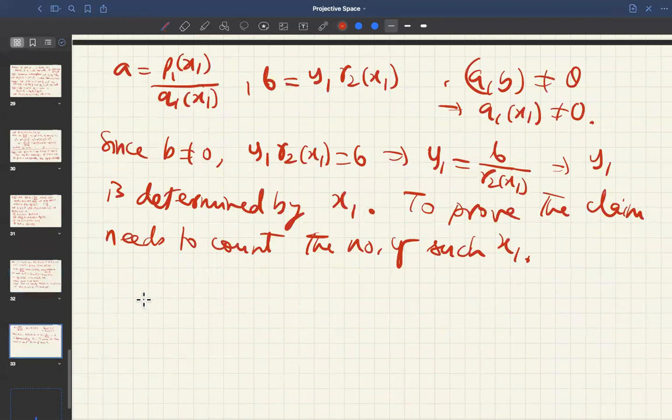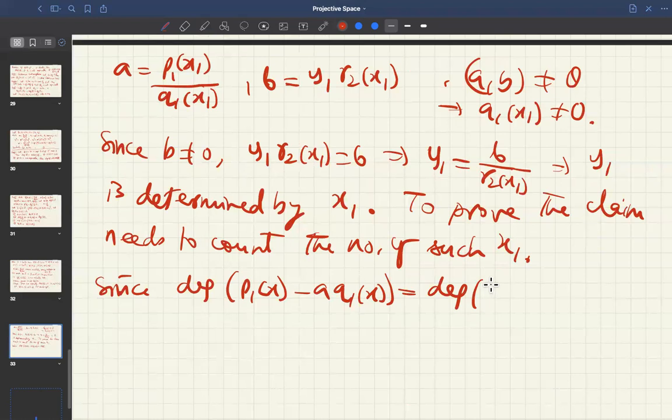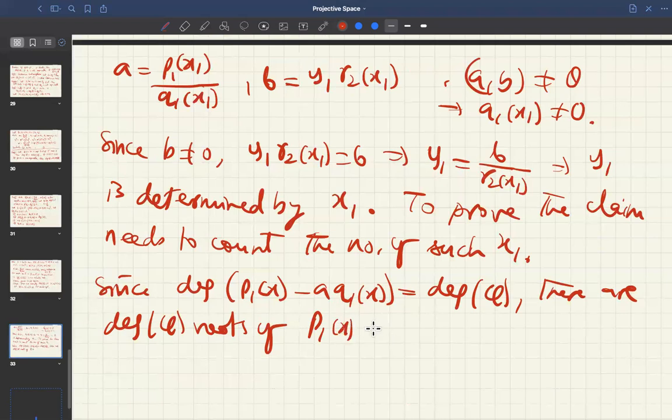So since the degree of P1(x) minus A Q1(x) is the degree of phi, which is the maximum of the degrees of P and Q, there are exactly degree phi roots of P1(x) minus A Q1(x) equal to 0.